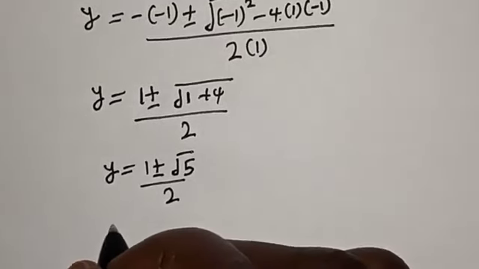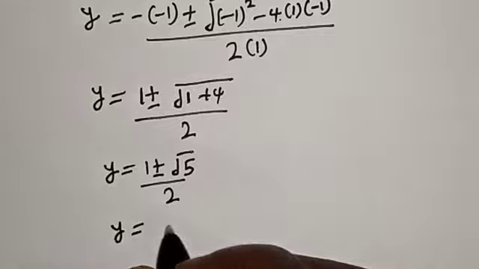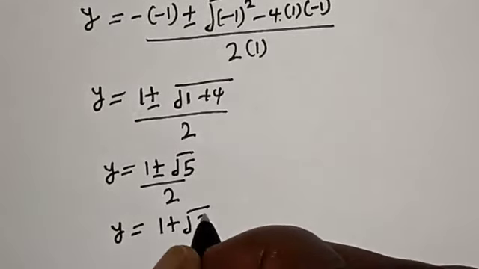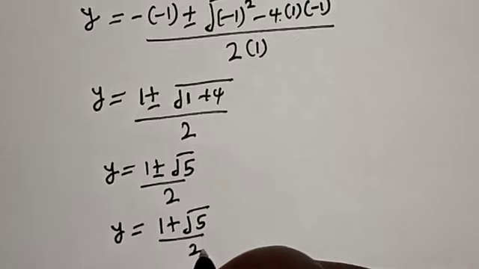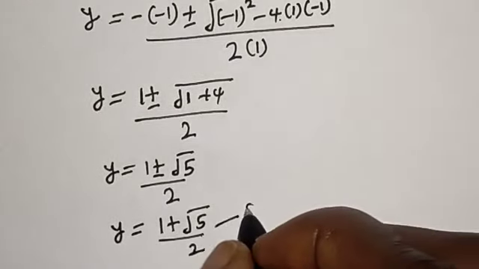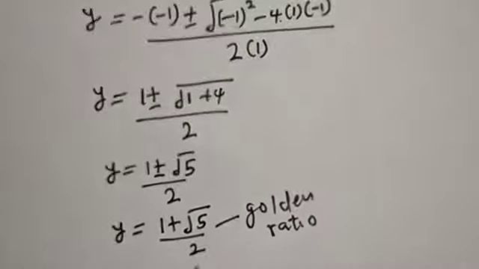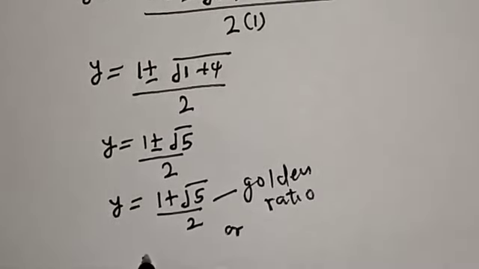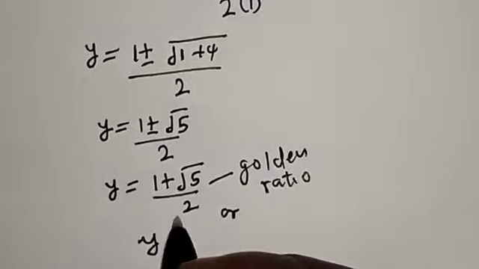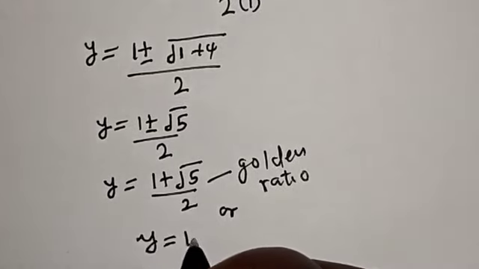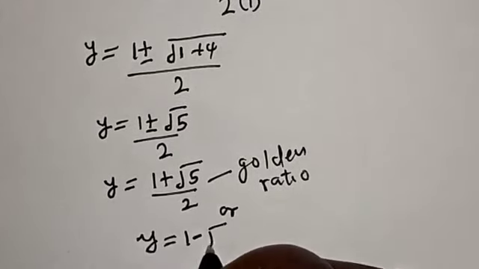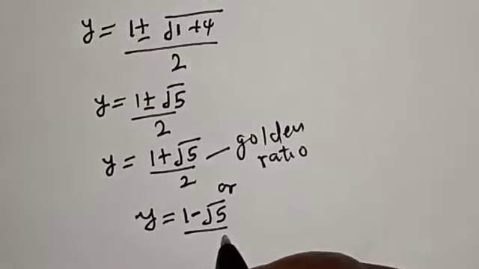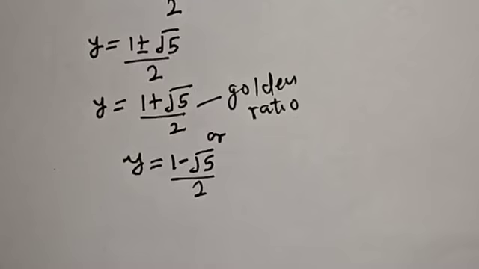Then y is equal to 1 plus root 5 over 2, which is also called the golden ratio, or y is equal to 1 minus root 5 over 2.